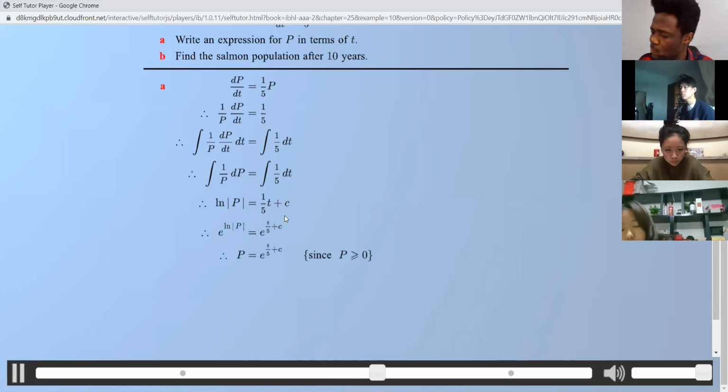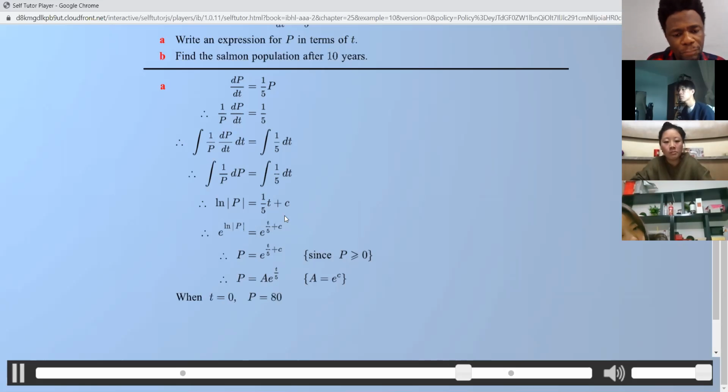Since the population p cannot be negative, we can remove the modulus without needing a plus or minus. E to the c is just a constant, which we call a.